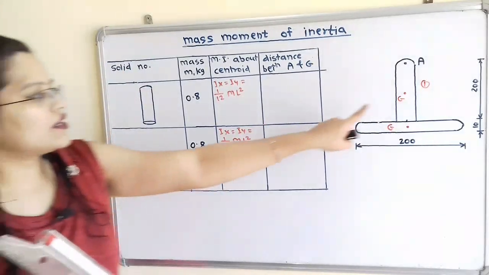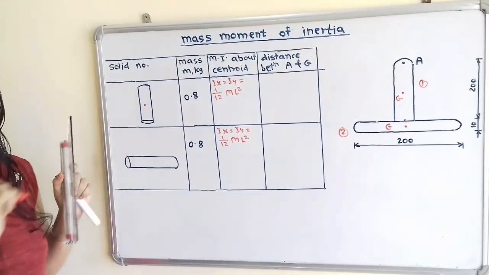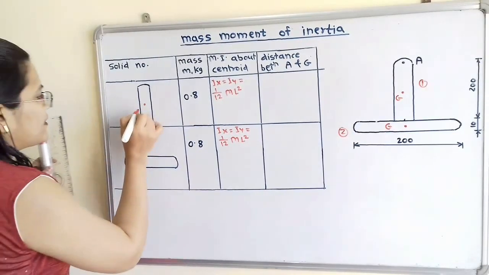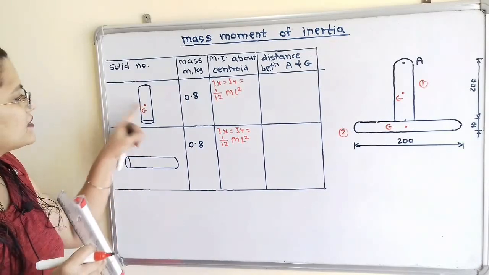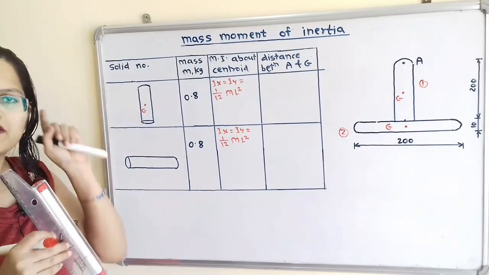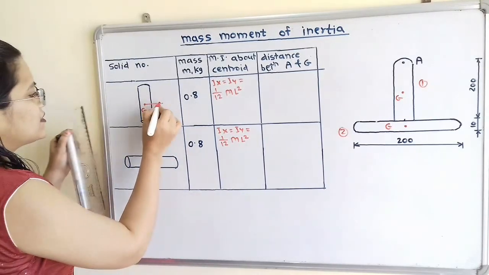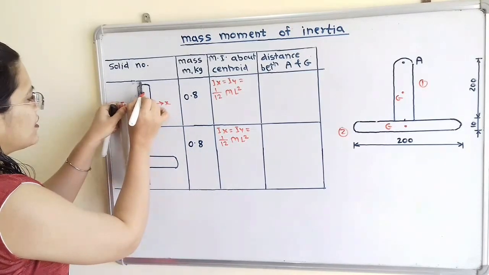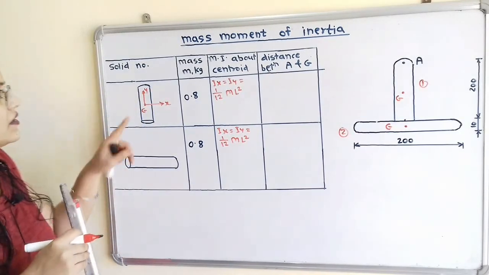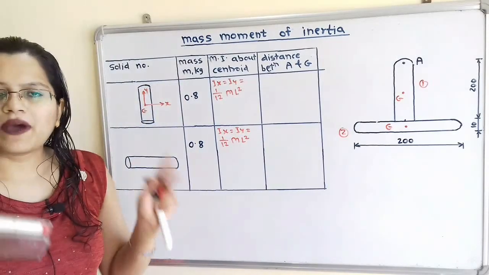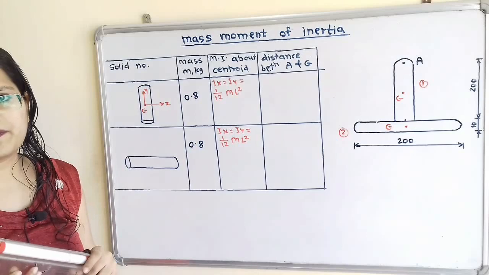Here we take solid number 1 and transfer the center of gravity point G. Now we show two axes passing through point G, a horizontal axis known as X and a vertical axis known as Y. The mass M for each rod is given as 0.8 kilogram.